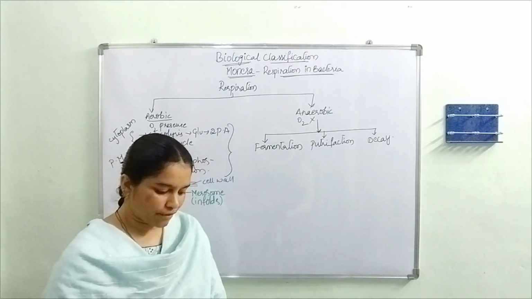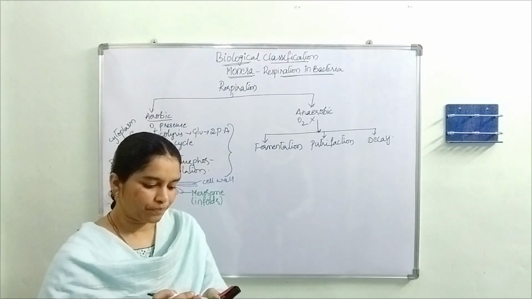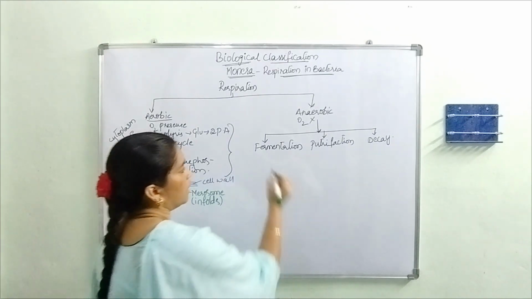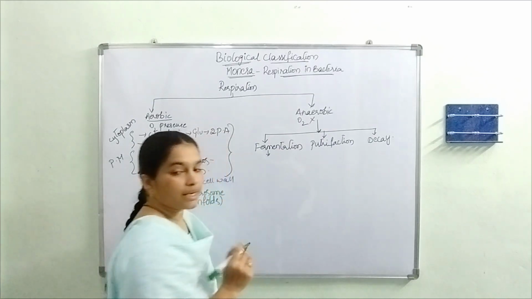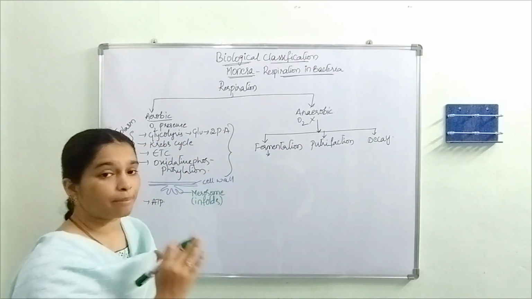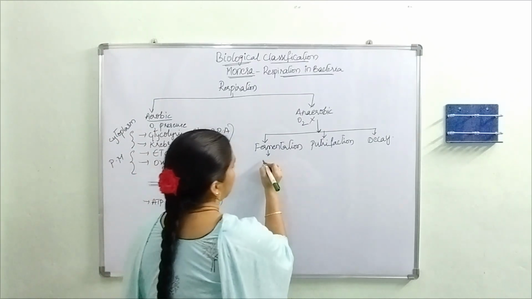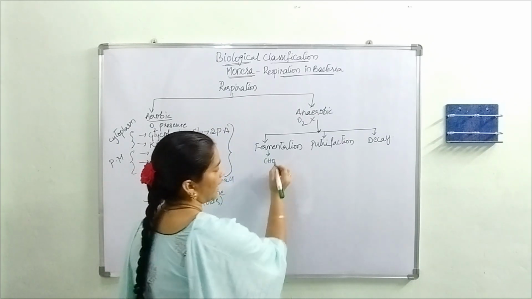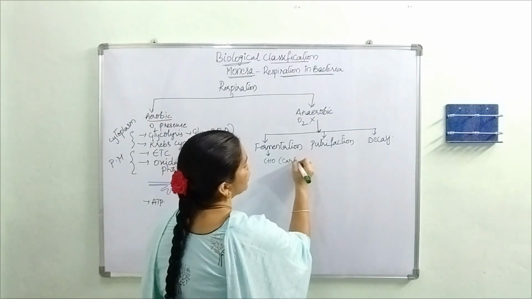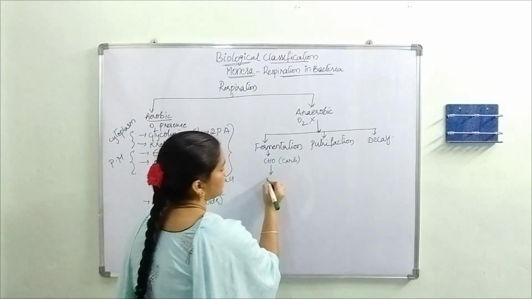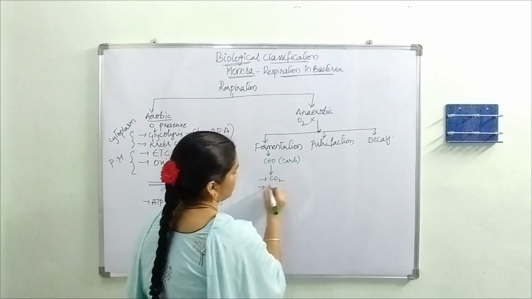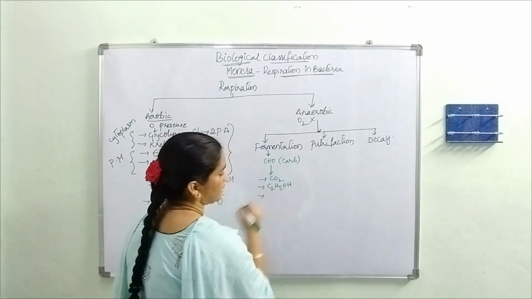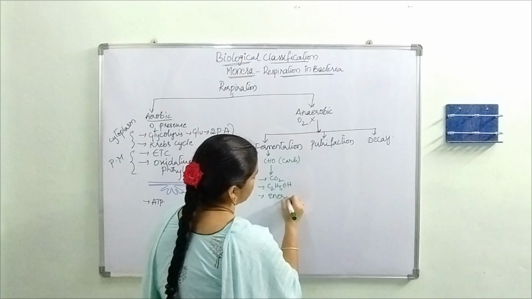As we know, fermentation is done by lactic acid bacteria for our household purposes. Coming to fermentation by bacteria, it yields, by the breakdown of a carbohydrate molecule, CO2, C2H5OH, which is ethanol or ethyl alcohol, and energy.